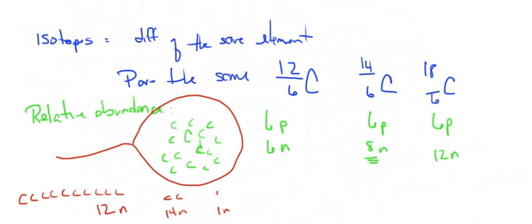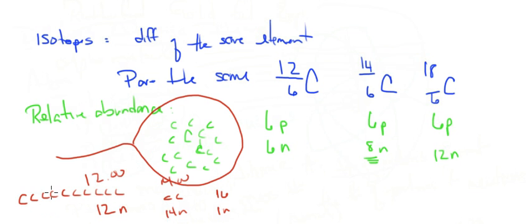And based on the mass of that carbon, carbon 12 is going to be, we're just making up numbers here, it's going to have a mass number of 12. Carbon 14 is going to be closer to 14, and we're going to call this carbon 16. There's only 1 carbon 16.